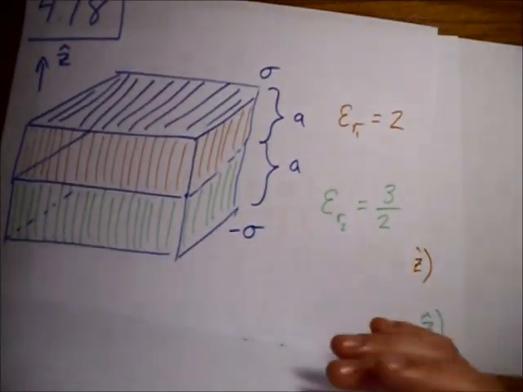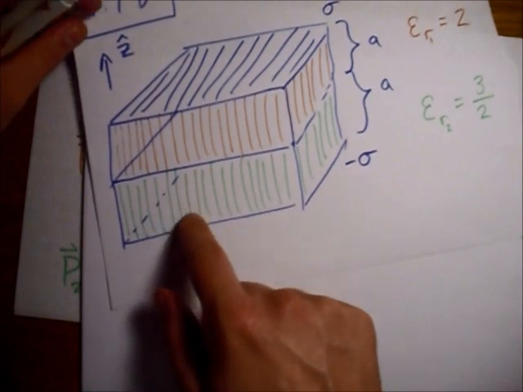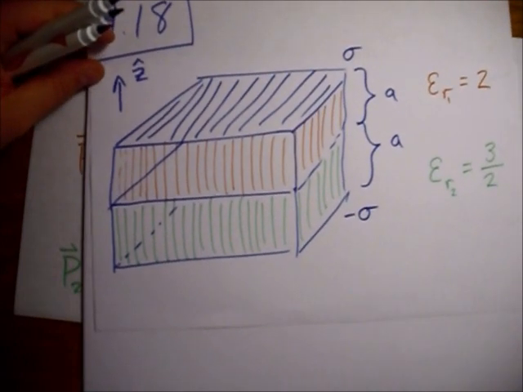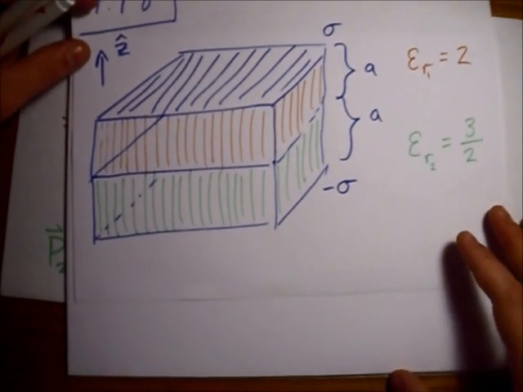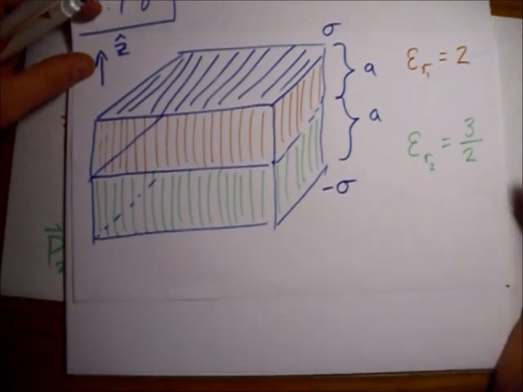Now we're going to find the location and amount of all the bound charge. There are two kinds of bound charge that we would encounter. One is a volume bound charge density, which is the divergence of the polarization.